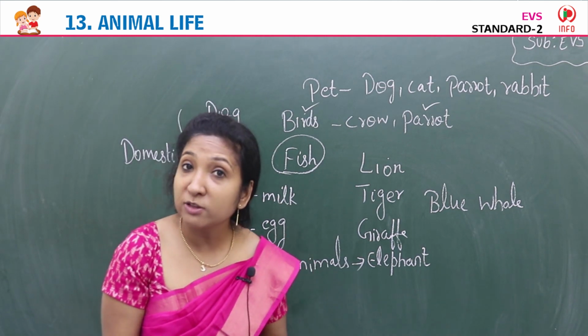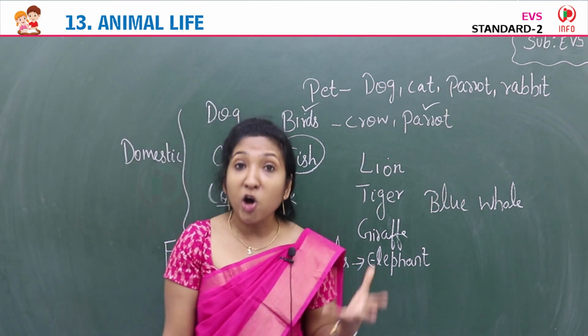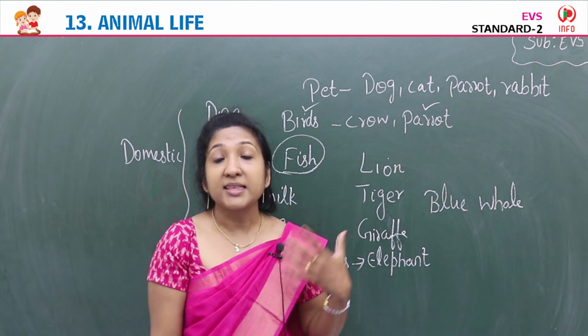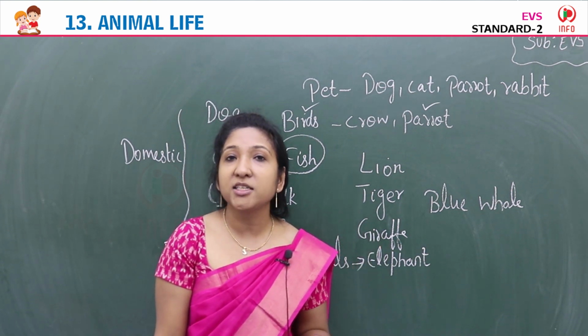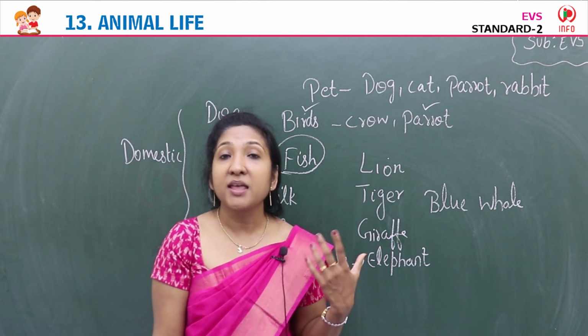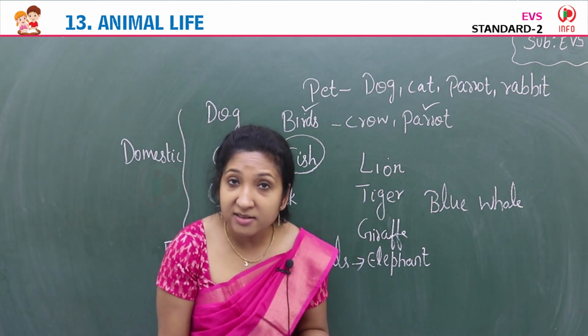Some animals are useful to us like hen, cow, buffalo, goat. They give us milk, meat and all. Some animals we keep as pets like dog, cat, birds, fish, rabbit. They are pet animals. Some animals live in jungles, in forests.